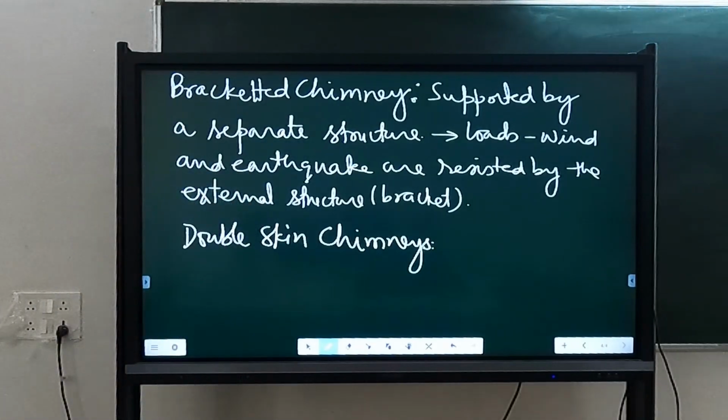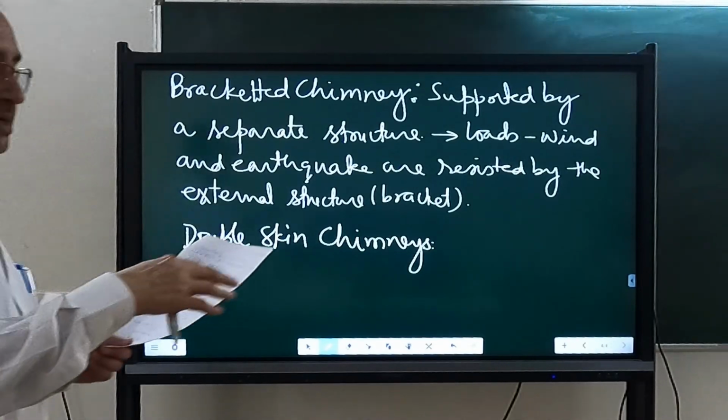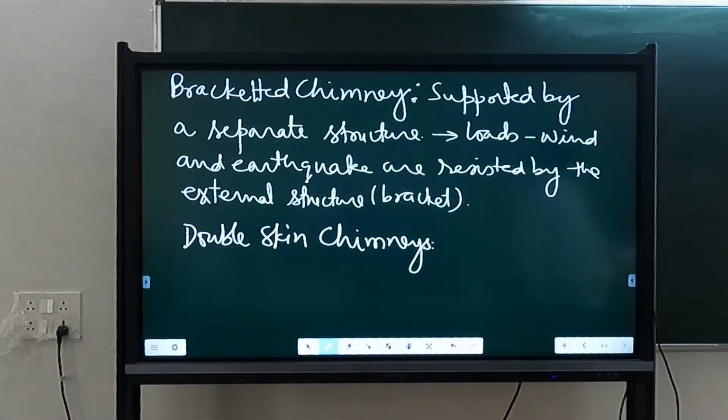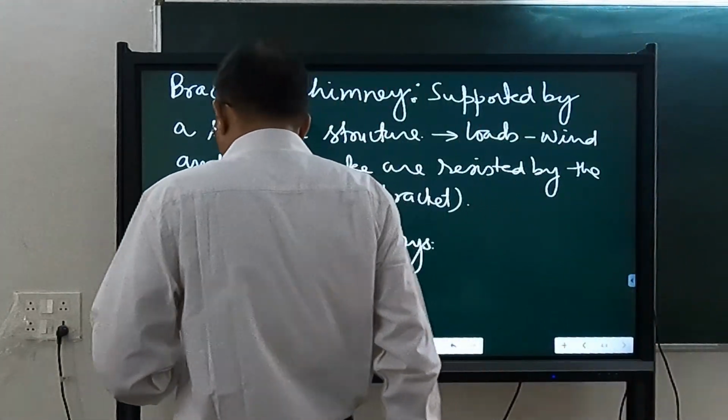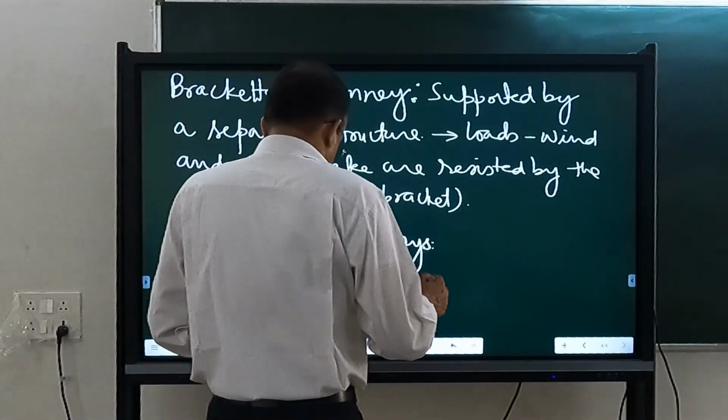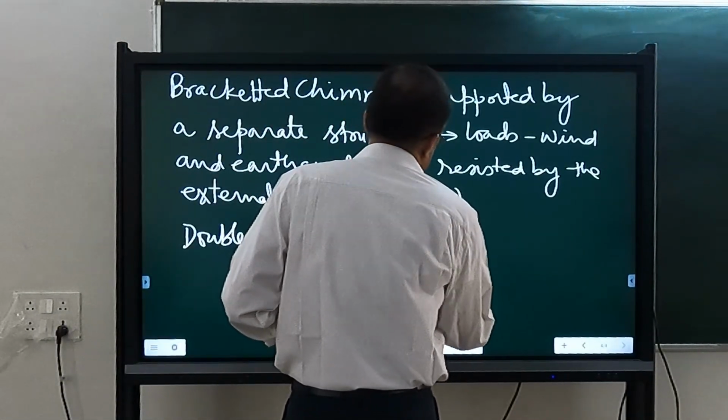So you require an insulation to save the structure from the corrosive effect of the gases and hot temperature gradient. So we provide an inner lining, and the outer shell is resisting the force. Okay, so this consists of two shells.